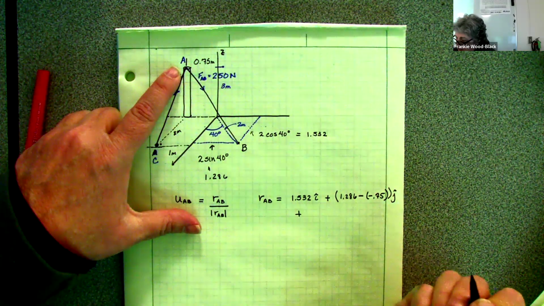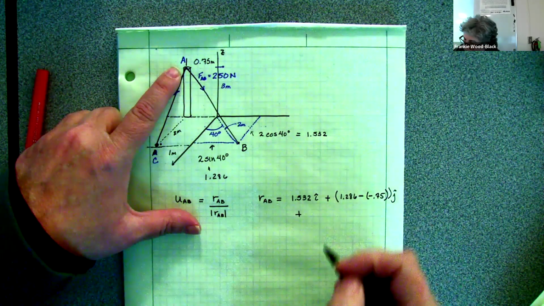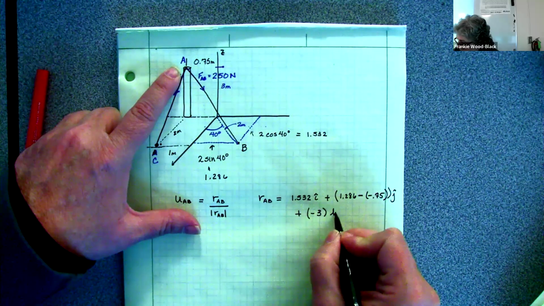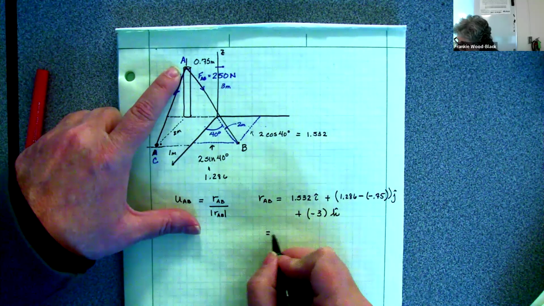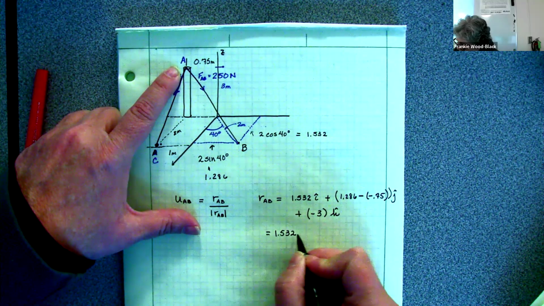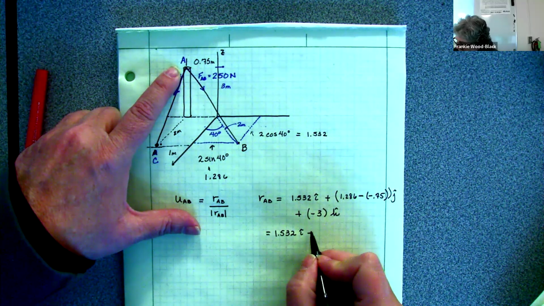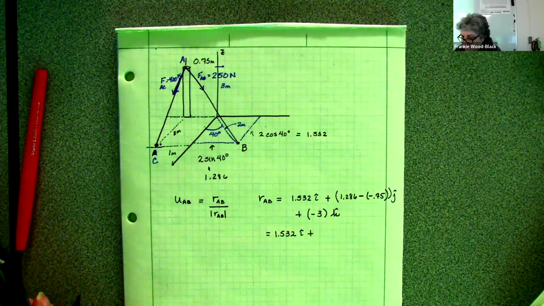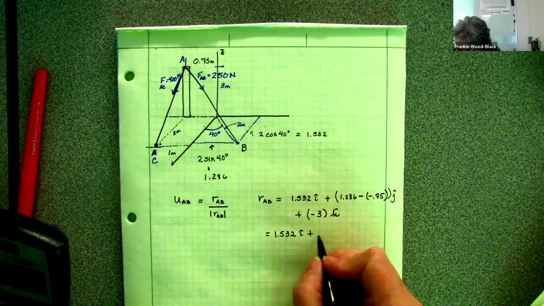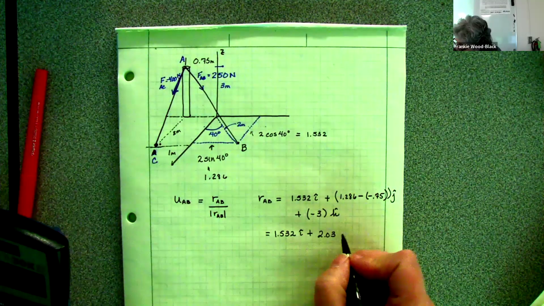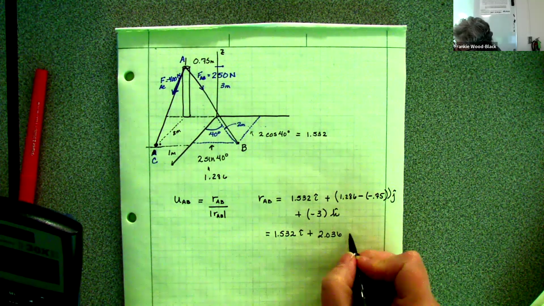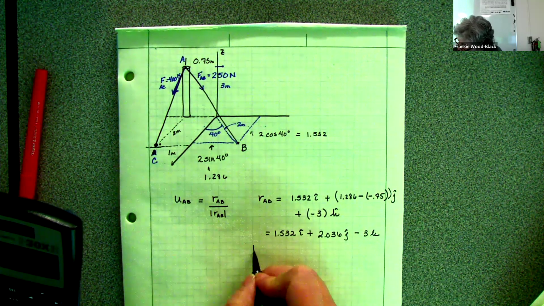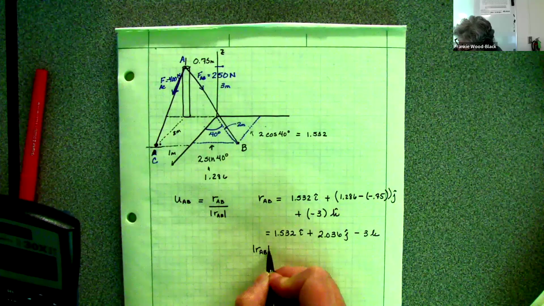And then my Z, I'm in the downward direction, so I'm going to be a minus 3 in the K. So now I'm going to be 1.532 I plus 2.036 J minus 3K.